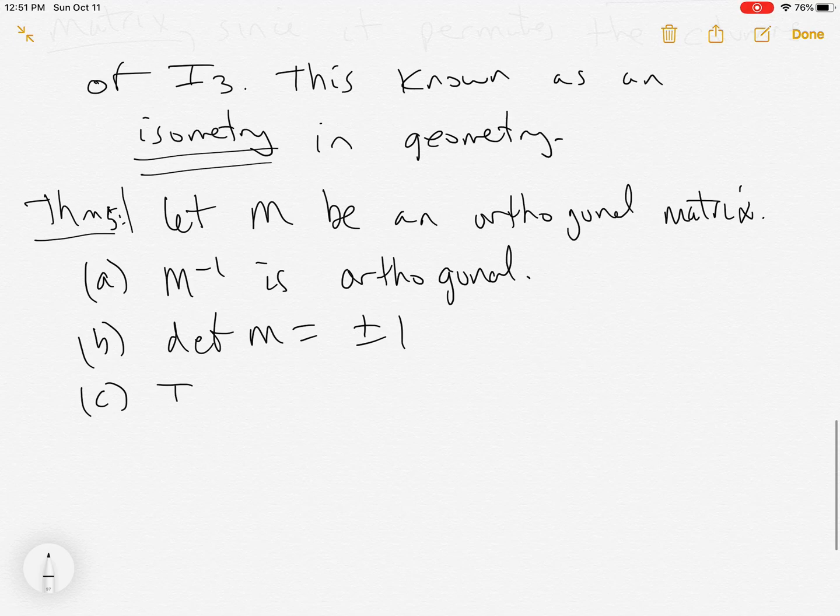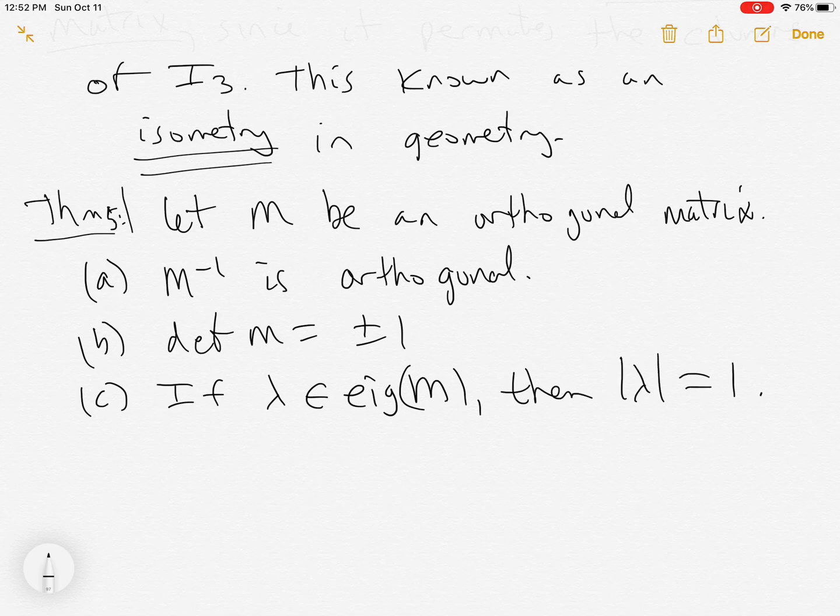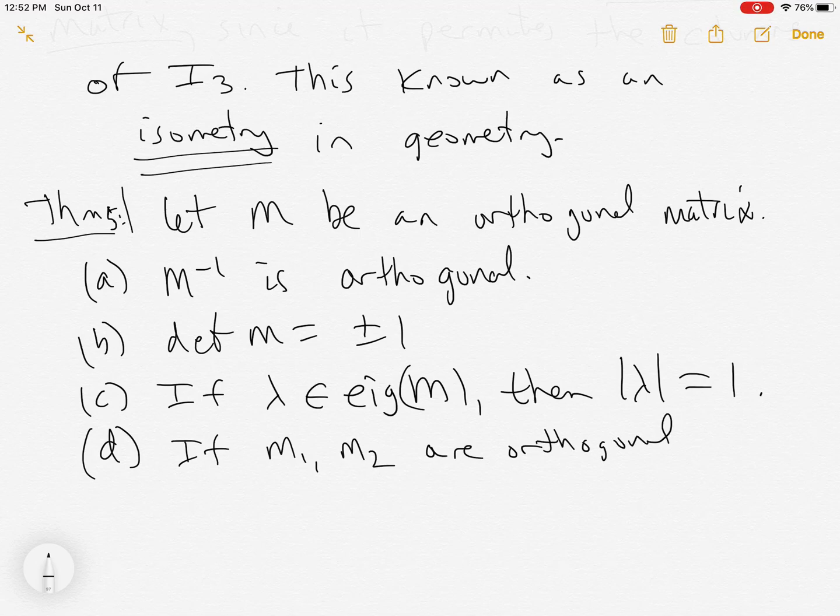C. If lambda is an eigenvalue of M, then the absolute value of lambda equals 1. And D, if M1 and M2 are orthogonal, then so is M1 times M2.